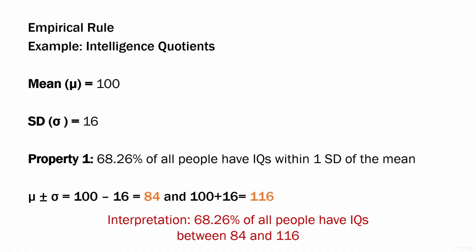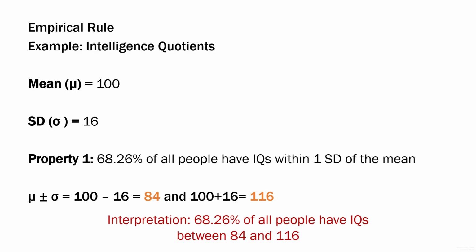The next 3 slides are going to demonstrate the empirical rule, and we're going to apply it to IQs. Recall that IQs are normally distributed with a mean of 100 and a standard deviation of 16. Property one of the empirical rule states that approximately 68% of all people have IQs within 1 standard deviation to either side of the mean, which means we can find the approximate values of the IQs that are within that 1 standard deviation.